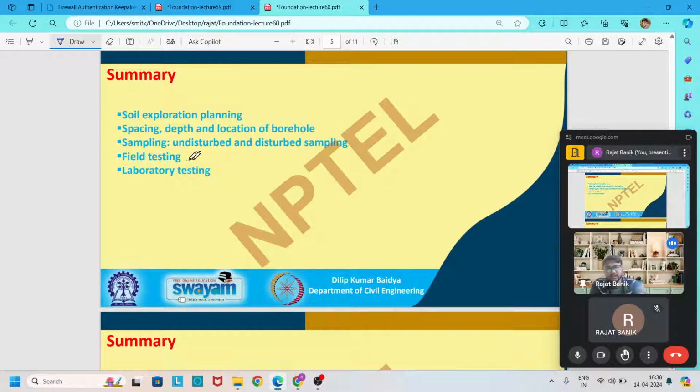In field tests, these are SPT tests and CPT tests. In laboratory tests, the vane shear test is mostly used to find out the soil property, or compaction tests like the Standard Proctor test or modified Proctor test, which we mostly use.